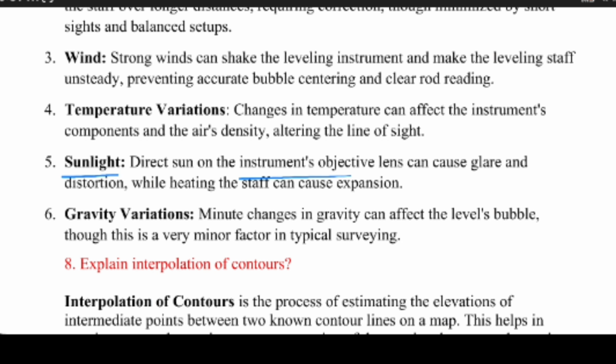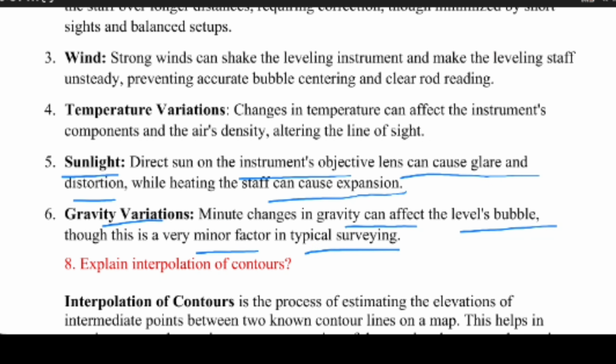Direct sunlight on the instrument's object lens prevents a proper reading, and heating of the staff can cause expansion. And gravity variations: minute changes in gravity affect the levelling tube bubble and give minor errors. These are the errors in surveying.